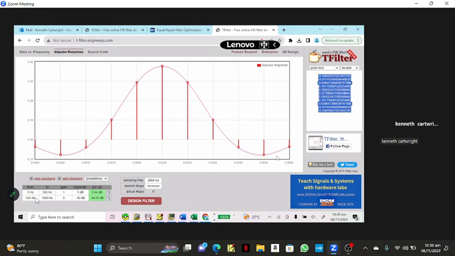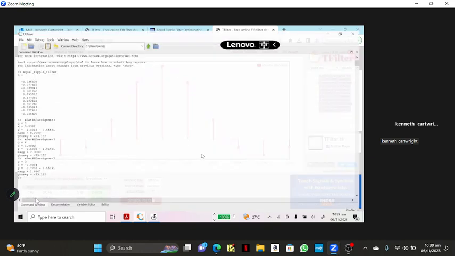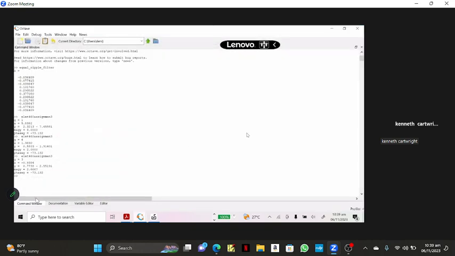So this is the impulse response. These numbers over here are the impulse response. So I copy these. I put them in Octave. Let me find that file that I created, I don't know, was it 1 o'clock this morning?